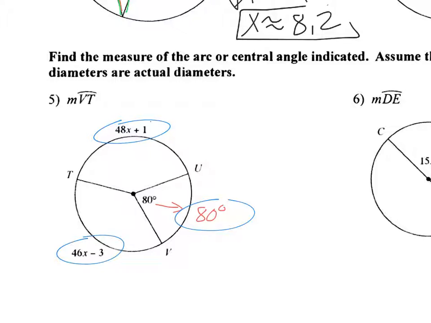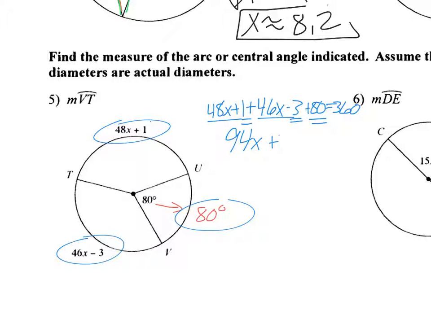So what I need to do is take 48x plus 1 plus 46x minus 3 plus 80, and all that has to equal 360 degrees. So now I'm going to combine these two. It's going to give me 94x. 1 minus 3 is negative 2, plus 80 would be 78, equals 360.